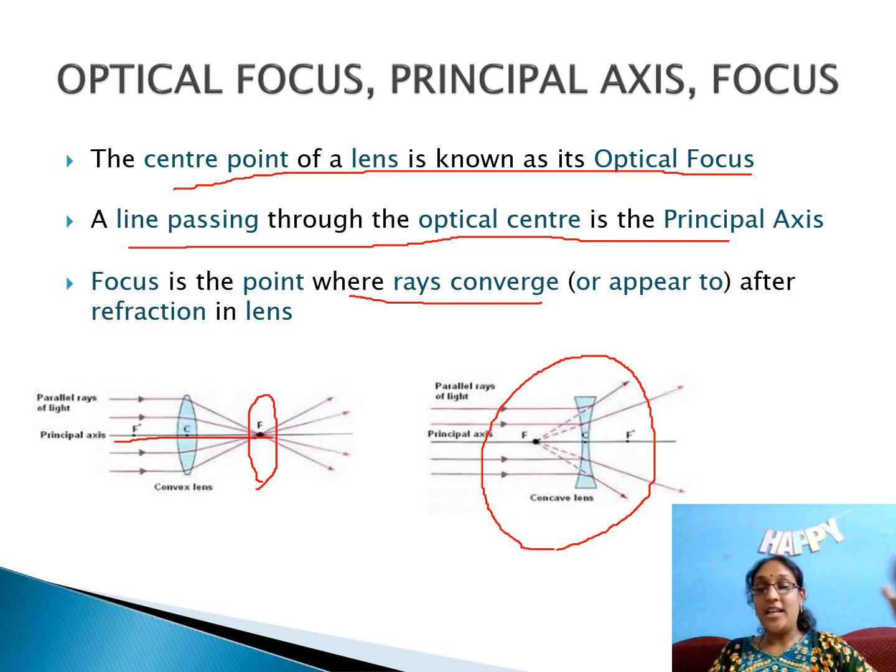Here convex will converge, and concave will diverge. The important thing is the principal focus, and the line passing through the optical center is called the principal axis. Got it?